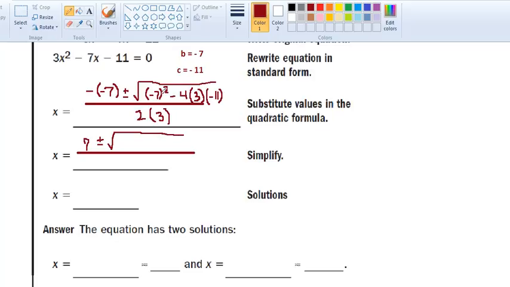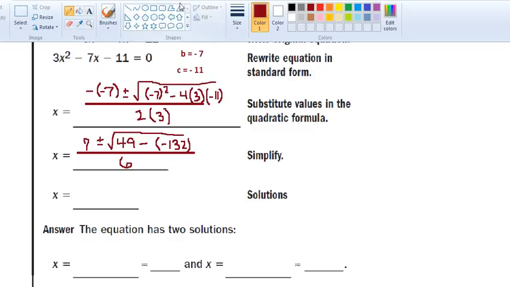Okay, negative 7 squared, that's positive 49 minus 4 times 3 is 12. 12 times negative 11 is negative 132. Now you should know this is going to be 49 plus 132. And that's over 2A. Now 2 times 3 is 6.